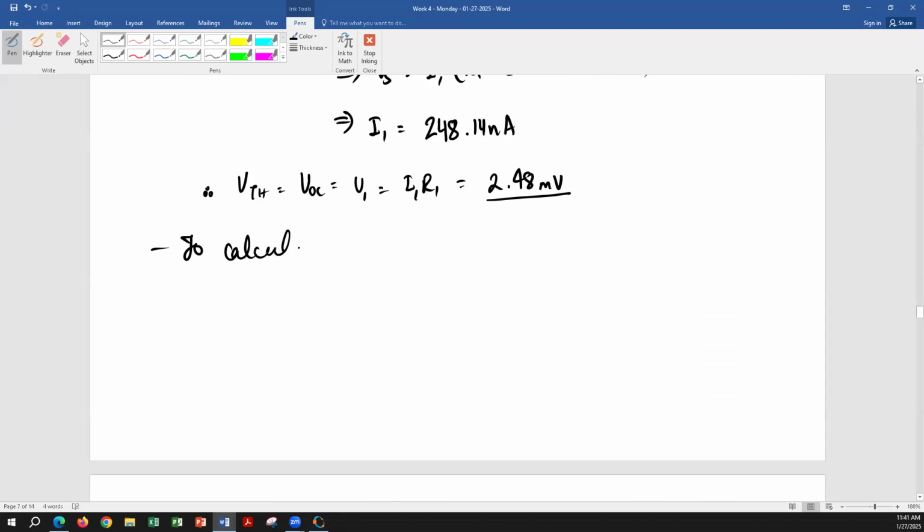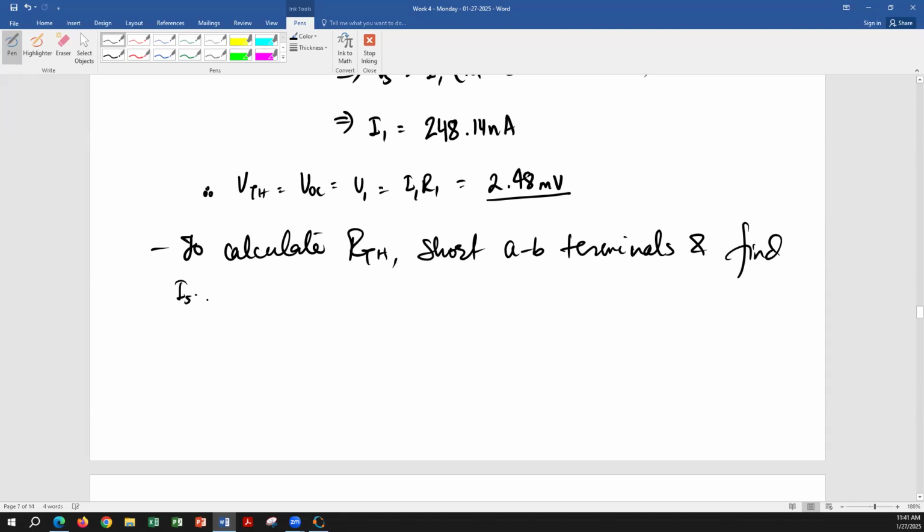To calculate R Thevenin, short A, B terminals, and find I short circuit. V1 will become 0, implies ID will be 0, and R1 will be eliminated.